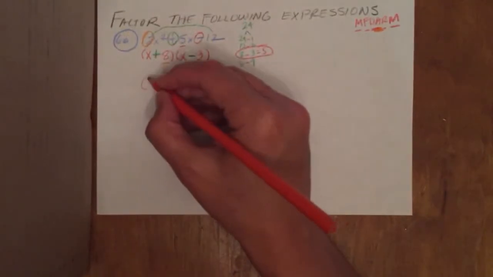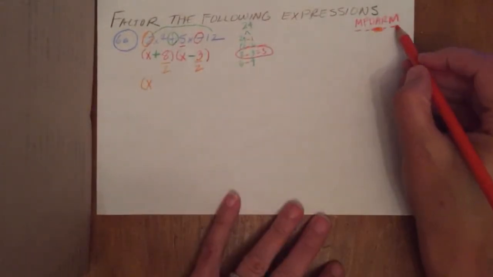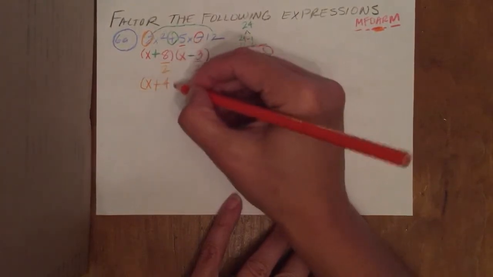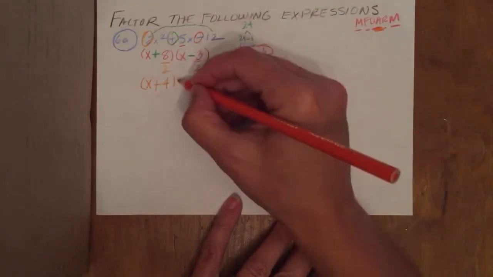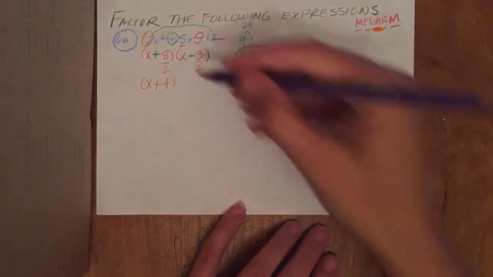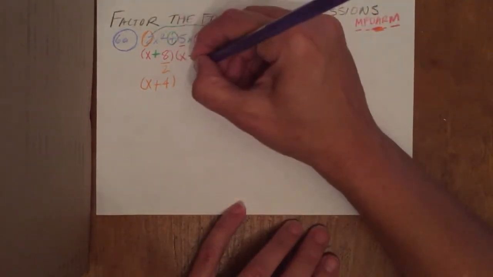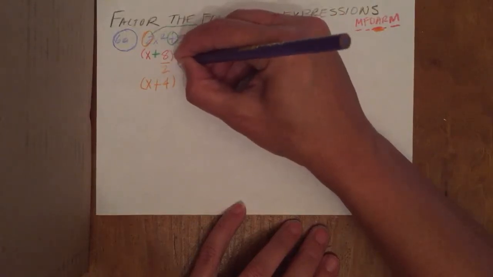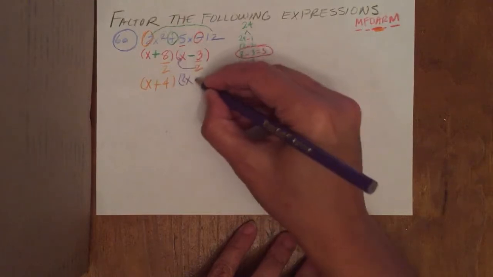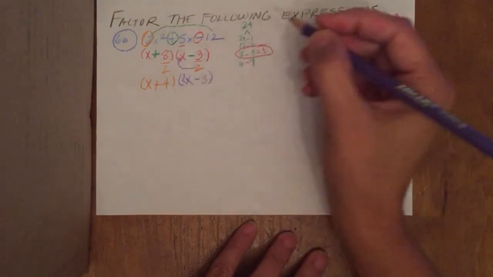Once I divide by A, I'm going to end up with RM, which is reduce and move. The 8 over 2 can be reduced to 4, but the 3 over 2 cannot be reduced. This is not reducible. So what I'm going to do is move the denominator, and that's going to become 2x minus 3.